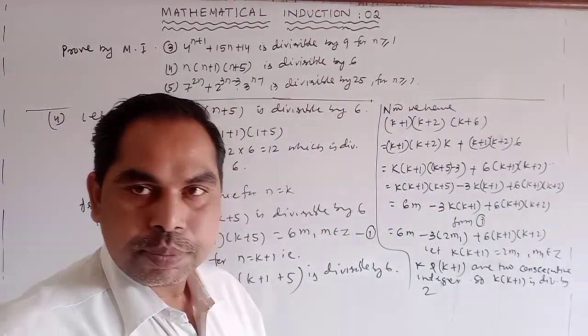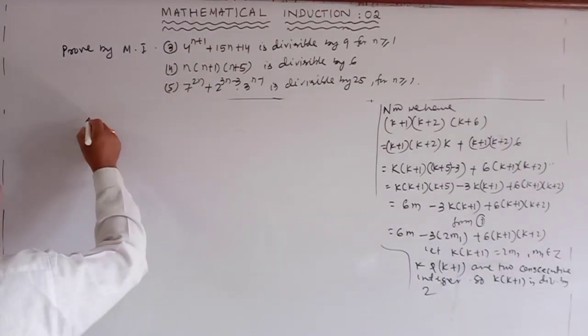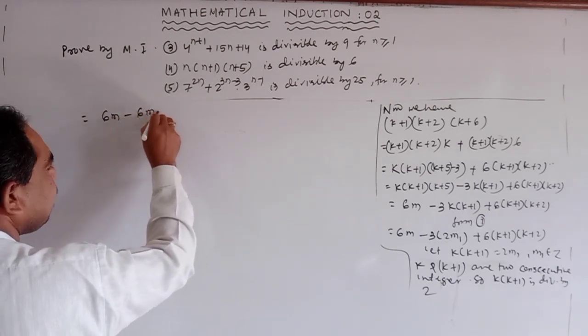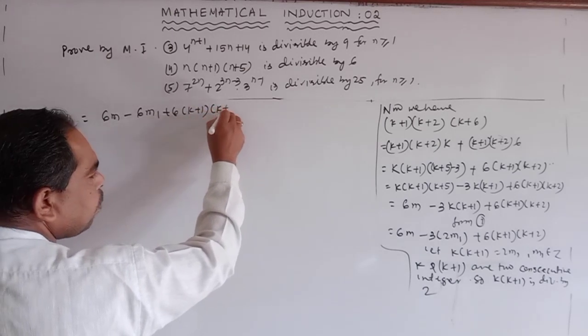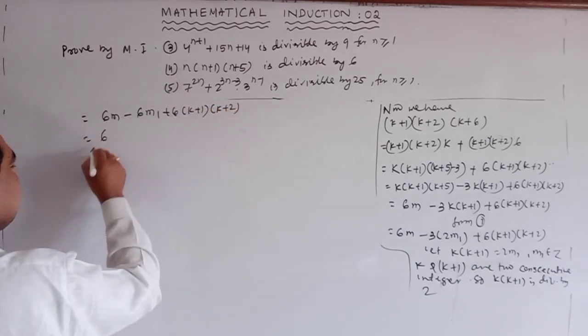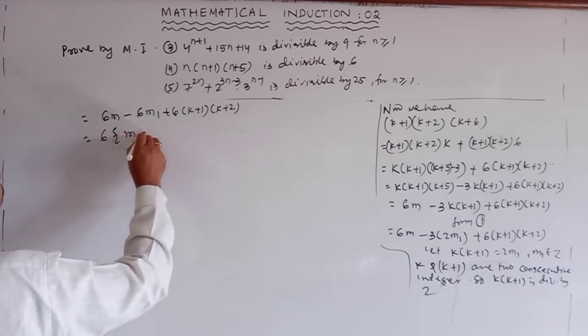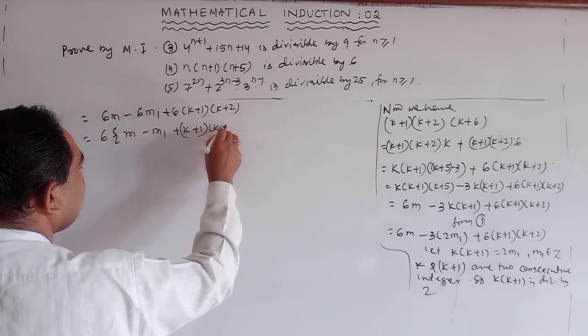Okay, so this is equal to 6m minus 6m1 plus 6 into k plus 1 into k plus 2. 6 is common, so it becomes 6 into m minus m1 plus k plus 1 into k plus 2.